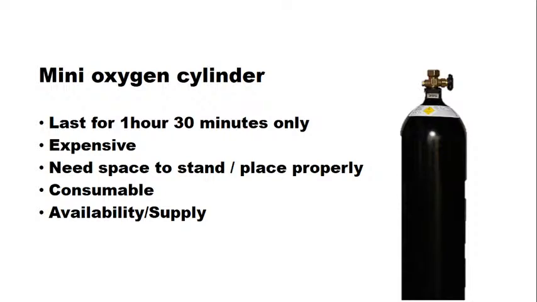Lastly, because we are located near the industrial area, we have easy access to this oxygen supply, the oxygen cylinder. But if you are far from the oxygen supplier, it would not be your best option. For this method, we would not recommend it as it cannot last long, and even if you are planning to purchase the taller oxygen cylinder, it would be heavy and it needs more space to use.